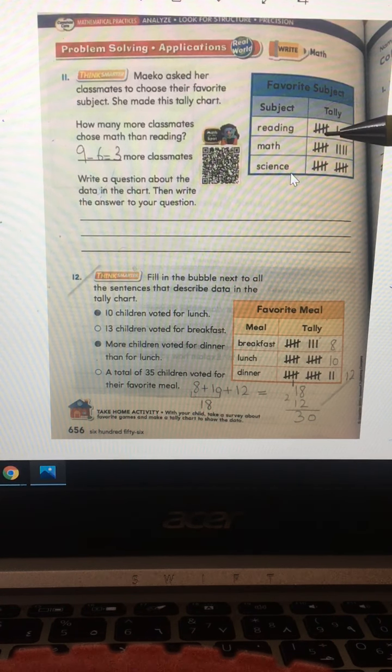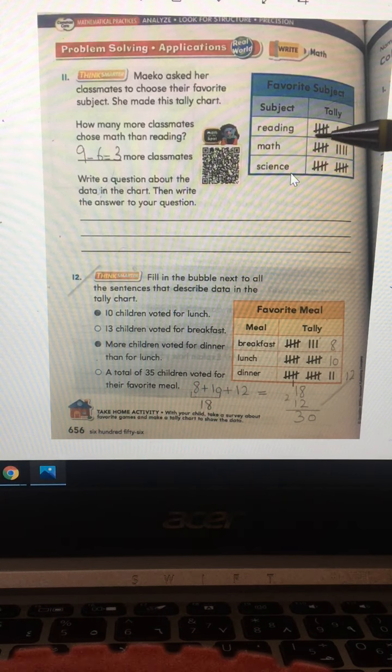So when I see this, I say that this is 5 plus this, so this is 5 and one more, so 6. So 6 classmates chose the subject reading.